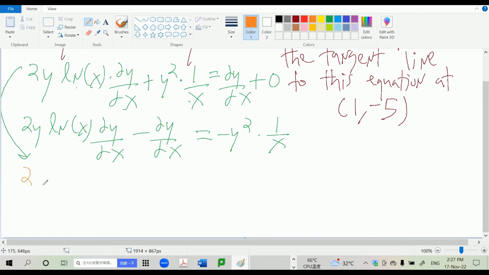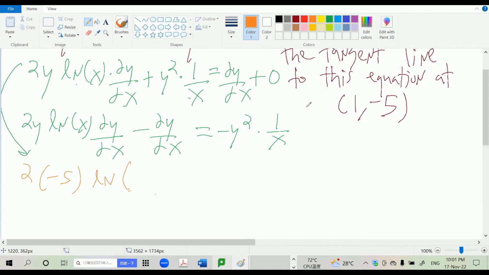So I would do 2 times -5, right? And then that would be times this stuff here, so that would be the natural log of x. X is 1, so 1 will go in here, right? And then times dy over dx.